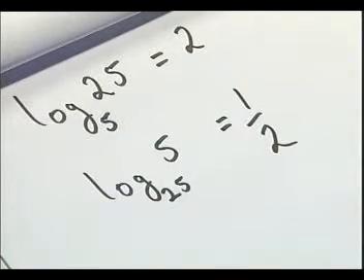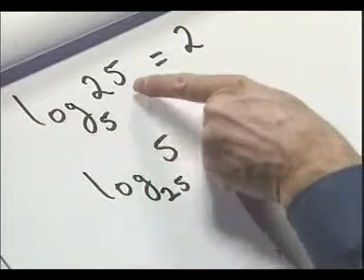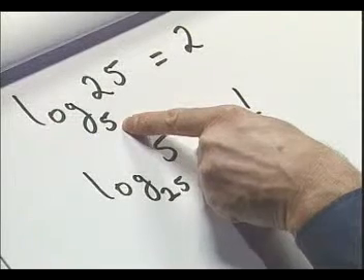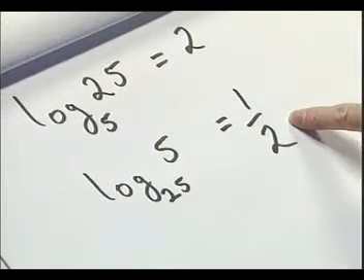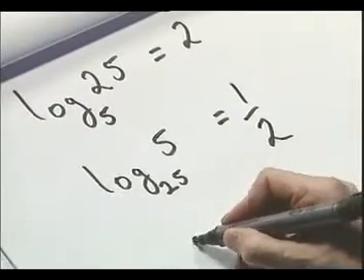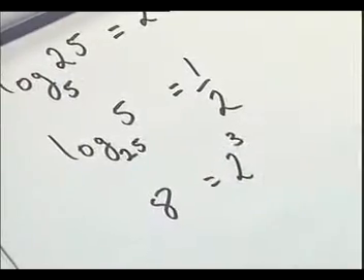And what seems to have happened here is that by interchanging the number with the base, we got 1 over the logarithm. Let's check that by looking at another example. We know that 8 can be written as 2 to the power 3.